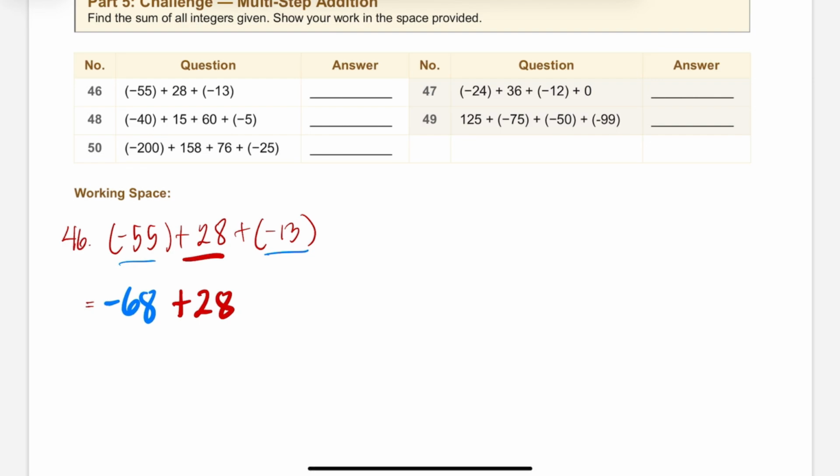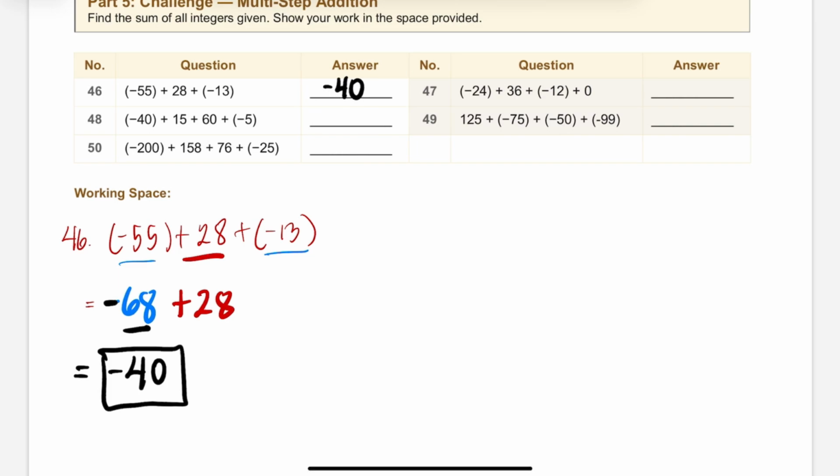So negative 68 plus 28, they have different signs, so we're going to minus them. 68 minus 28 is 40, and we copy the sign of the bigger absolute value, which is the 68 here, negative, so it's going to be negative 40. That's our final answer here.